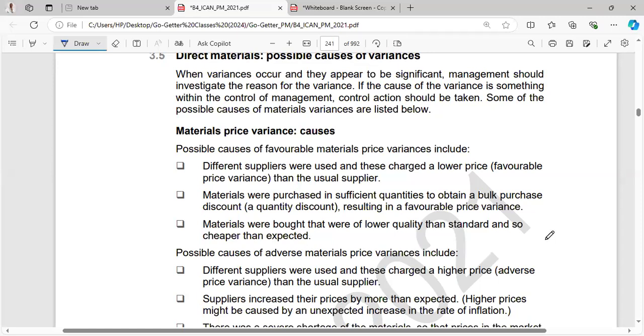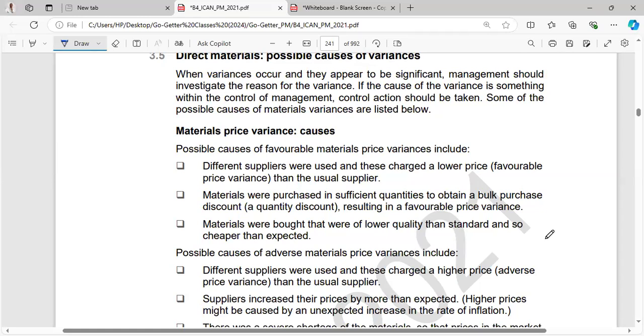Then also, it could be that you bought material that is of lower quality than the standard. If you are supposed to have a particular standard and that thing is costly, you went to buy something of lower standard. Will I say substandard? So once you see that price variance is favorable, not all of them are very good.